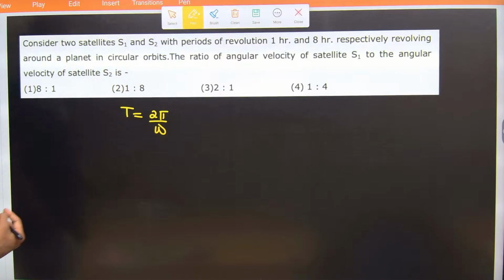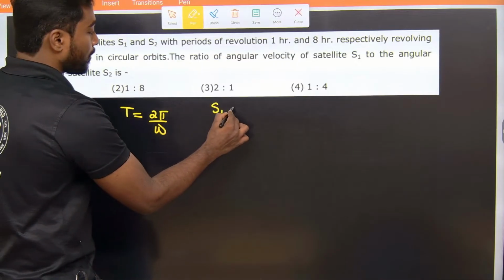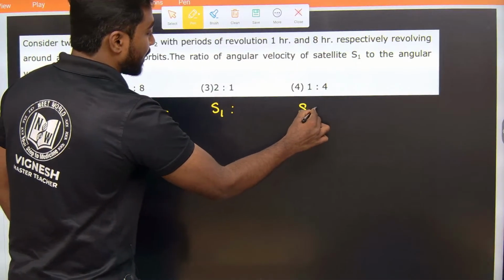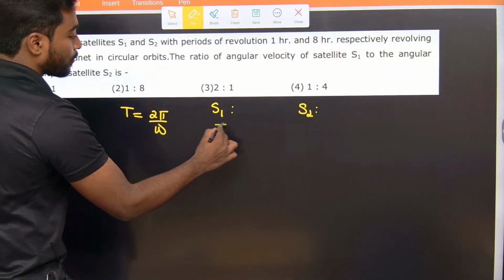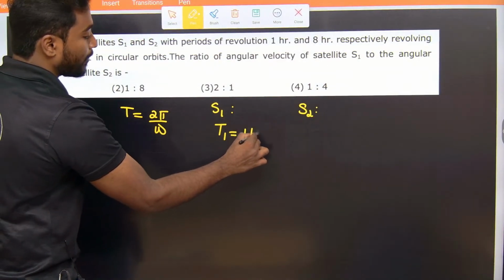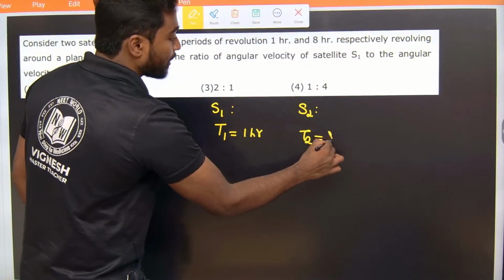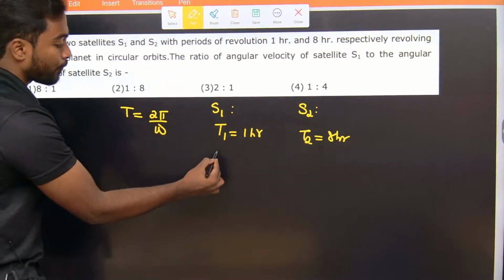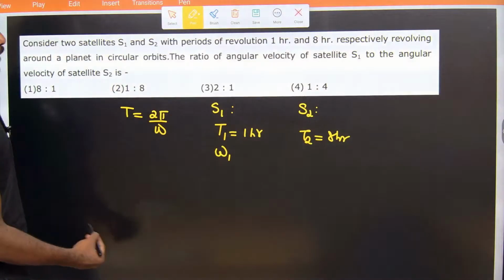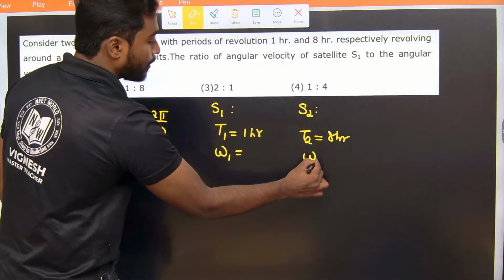So here S1 and S2 they have given, satellite 1 and satellite 2, where for S1 T1 is equals to 1 hour, T2 is equals to 8 hours. Right now I need to find the angular velocity omega 1 and omega 2.